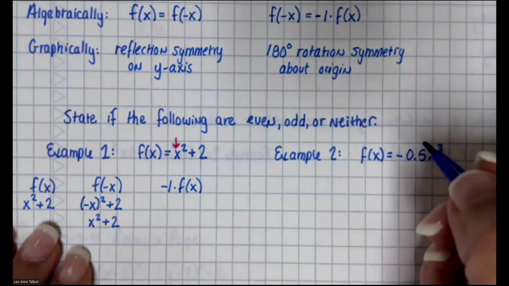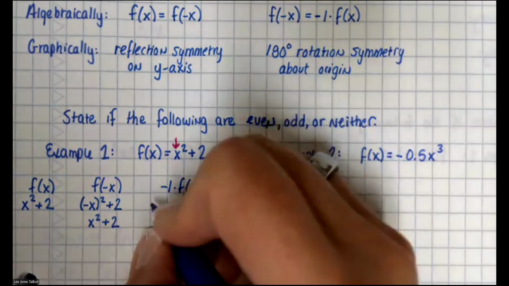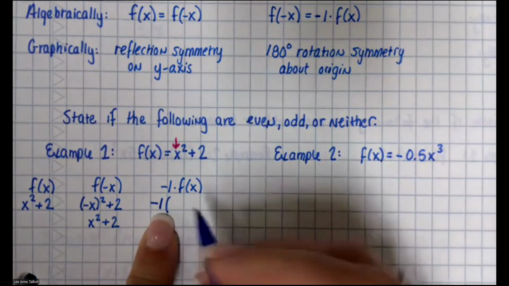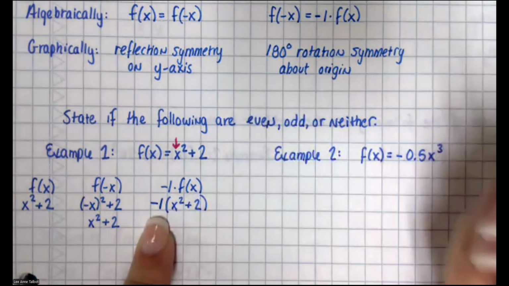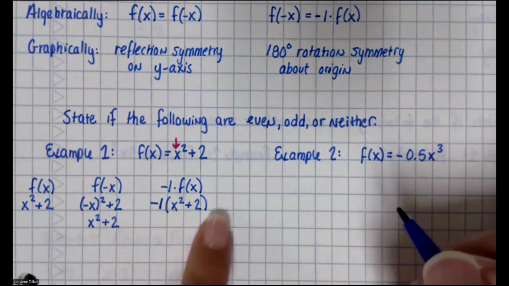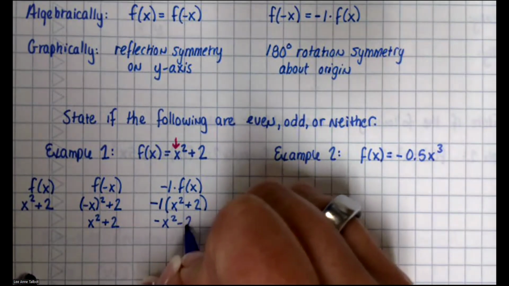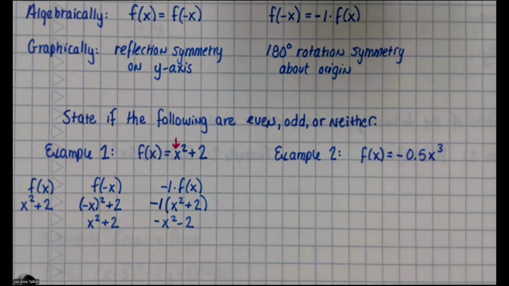So x squared plus 2. Now, negative 1 times the original, you're going to go negative 1 and then parentheses and distribute. Okay, you do that bit.